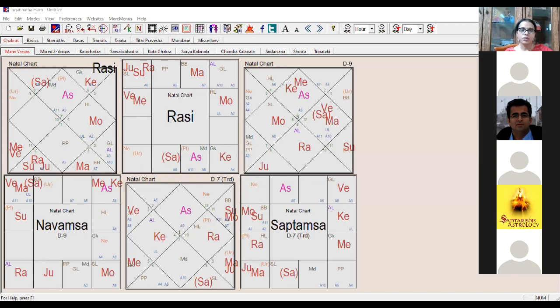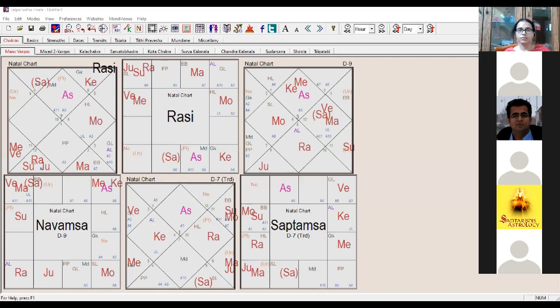The moon is in the nakshatra of Saturn, so it means it is connected with Saturn and the second house. We have to take the second house, so not the fifth house.